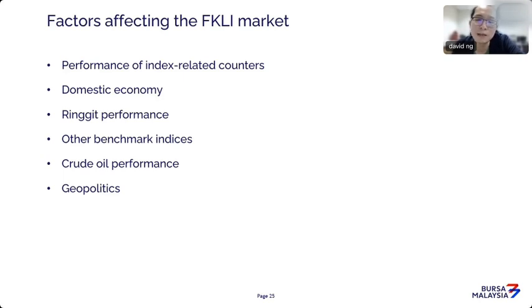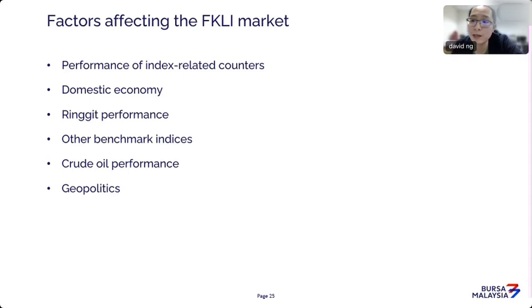Whatever the US markets do tends to have external influence on KLCI index futures. Crude oil is also one important parameter because Malaysia is a very oil-driven economy. So when you have high oil prices, that normally means there's stronger growth in its domestic economy. That means there could be more strength in the index market.